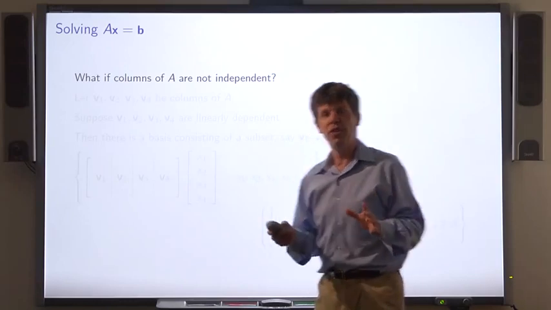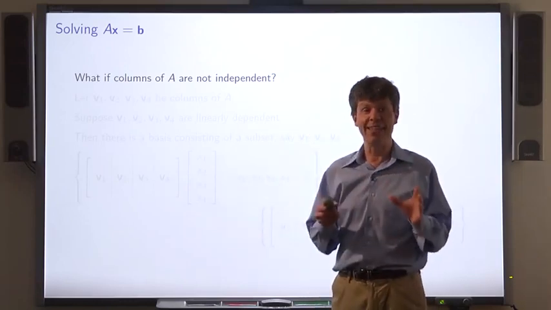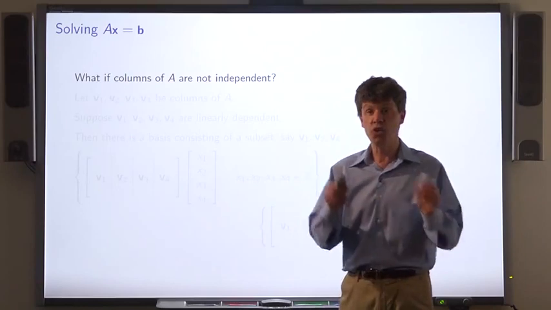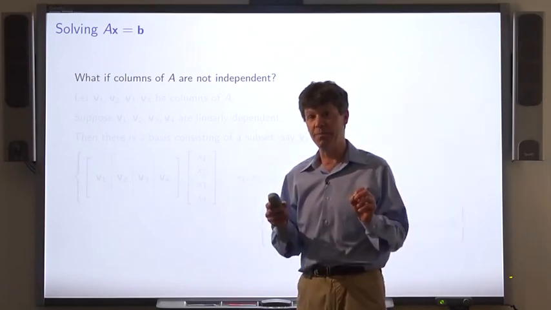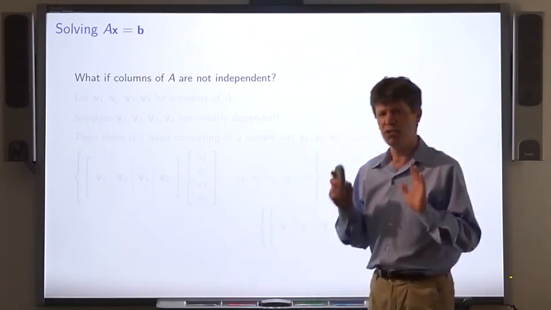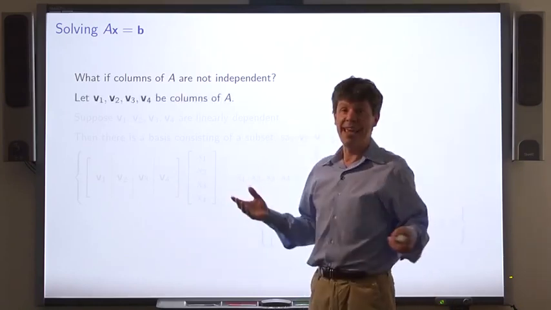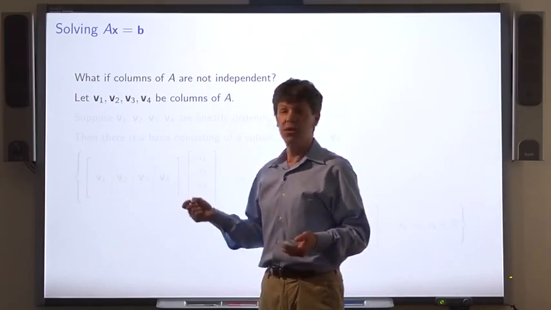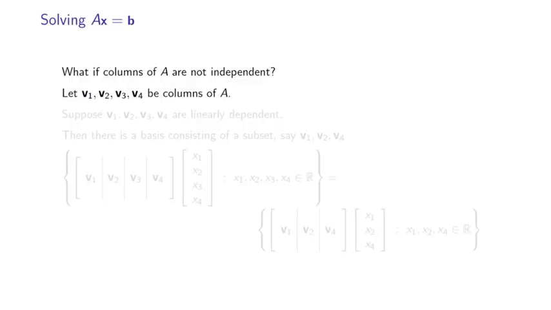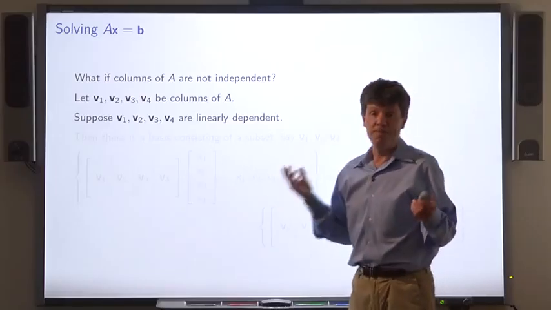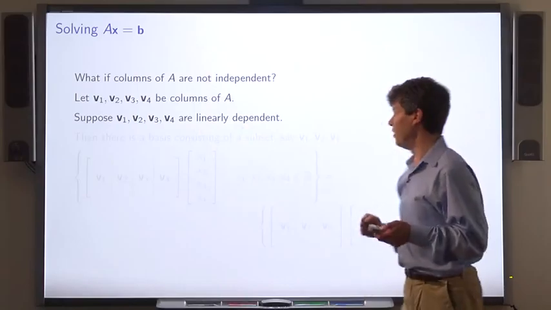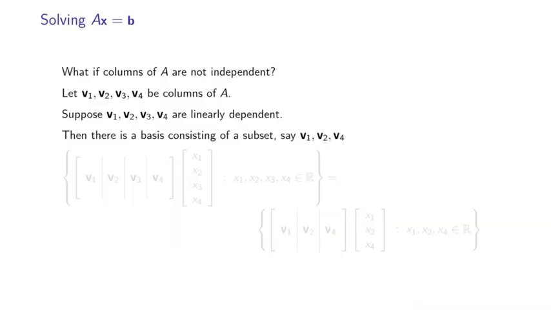We've seen how to solve a matrix vector equation Ax = b, where A is square and its columns are linearly independent. What if the columns are not linearly independent? Here's an example. Let's say the matrix A consisted of the columns v1, v2, v3, v4, and these were linearly dependent vectors. Well, then there's a basis consisting of a subset of these. Let's say a basis consisting of v1, v2, and v4.